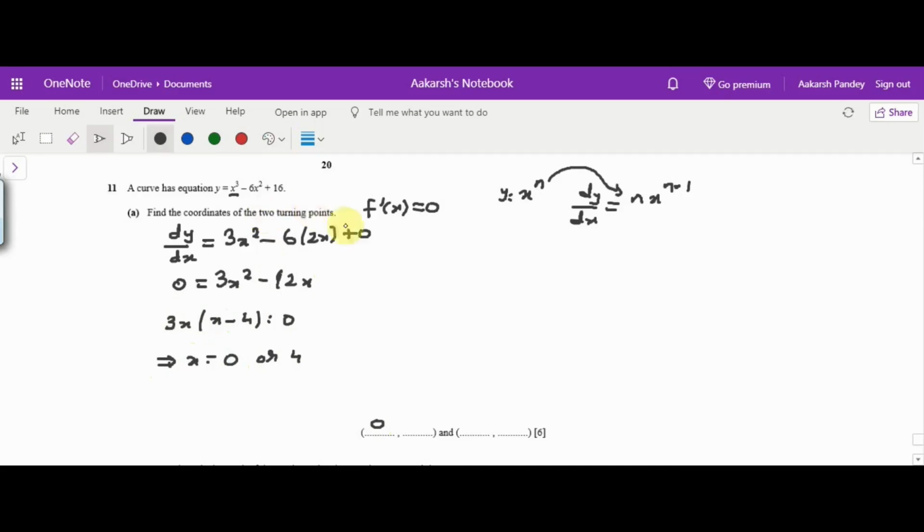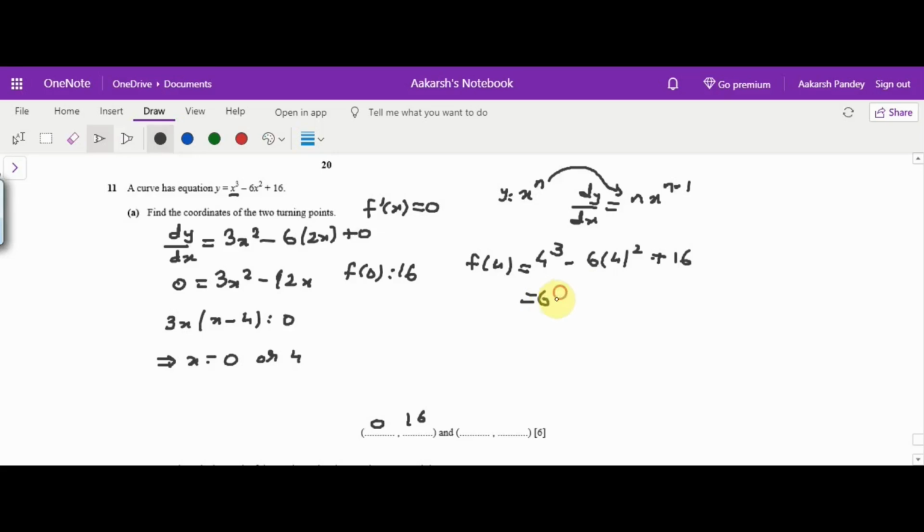So when x is 0, f of 0, f of 0 means when x is 0, what is the value of y? The value of y is 16. So 0 comma 16 is one turning point, and f of 4 is 4 cube minus 6 into 4 square plus 16.